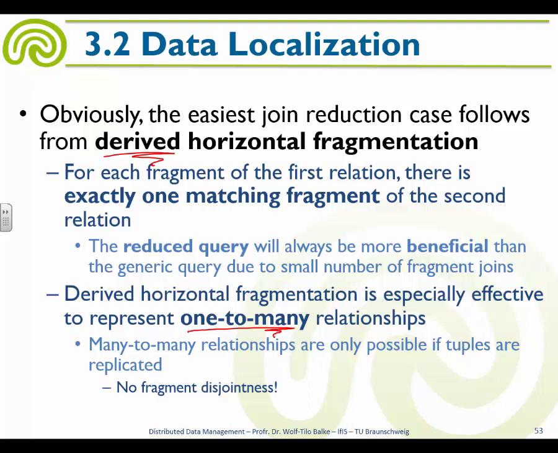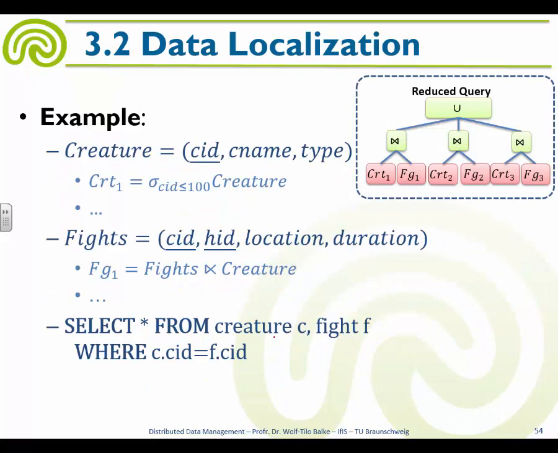So if you have many-to-many relationships, the probability of fragment disjointness is rather slim. On the other hand, if you have one-to-many or one-on-one relationships, best case one-on-one relationship, you immediately get the derived horizontal partitioning from that.